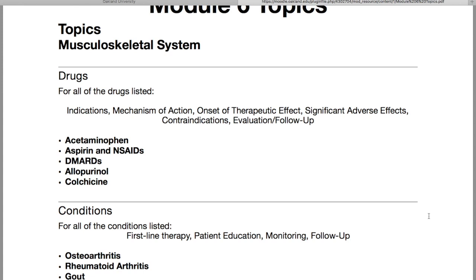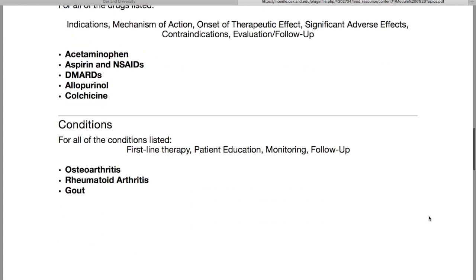Now again, with rheumatoid arthritis, that's best managed by a rheumatologist. So we aren't going to discuss the treatment of rheumatoid arthritis in a whole lot of detail, other than to say that these patients should be started on DMARDs right away, but you would refer to a rheumatologist for that.